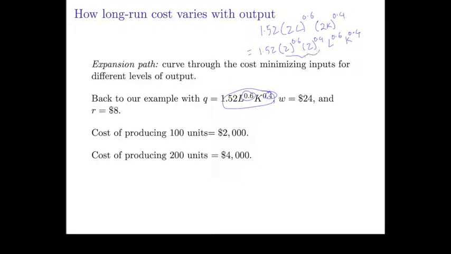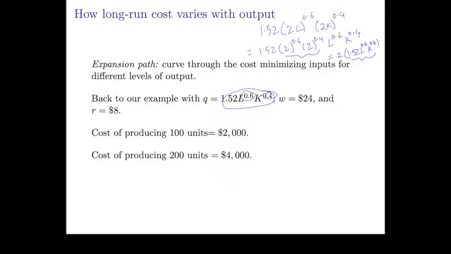Well, this is just 2 to the 0.6 times 2 to the 0.4, which is 2 to the 1, which is just 2. So that's just 2 times 1.52, L to the 0.6, K to the 0.4. And this is, of course, the quantity of output that you would get if you just use L units of labor and K units of capital.